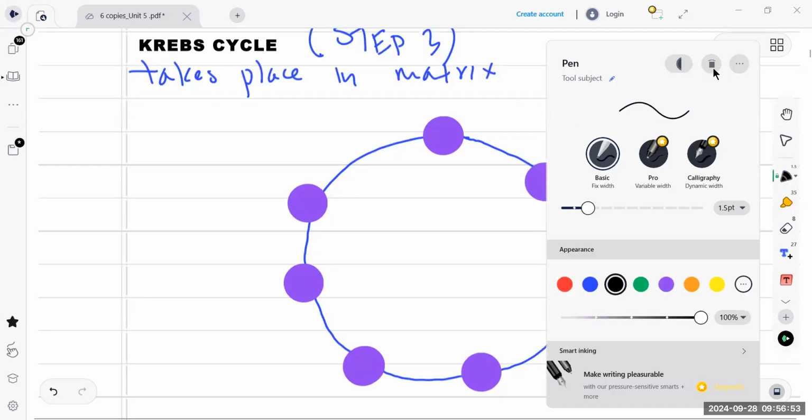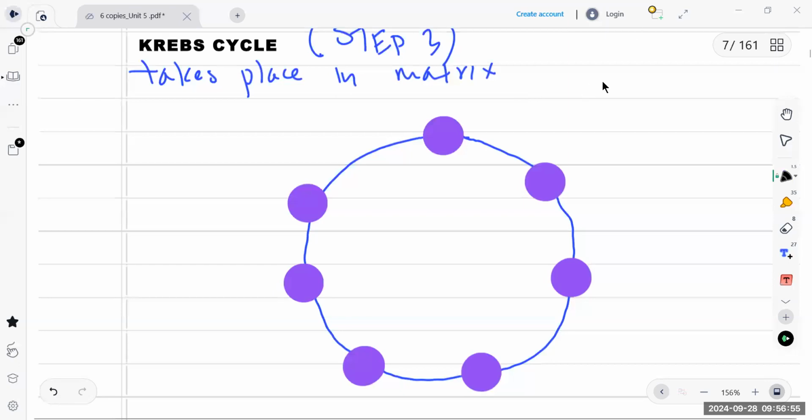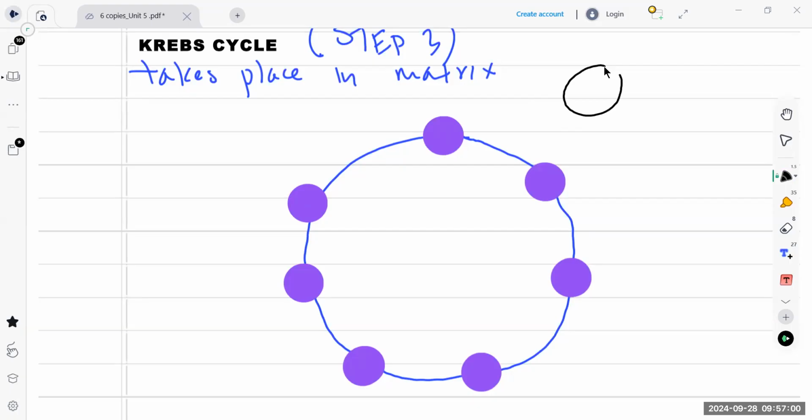Now, this is acetyl-CoA, and it has this 2-carbon acetyl group from pyruvate. This is CoA. So acetyl-CoA is formed in the link reaction, and it donates this 2-carbon compound to the Krebs cycle.